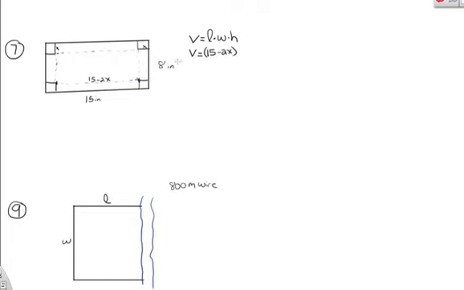And then my width would be 8 minus, again, 2x. And my height would then just be this tab folding up, which would be x. And again, I have my volume equation, and all I need to do now is simplify it out and then do the calculus, which I'll do both of those in the next video.